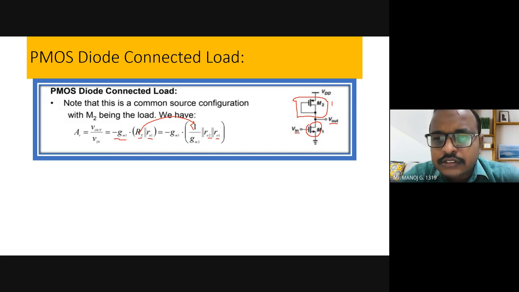This is Rx. This Rx value is given as 1 by Gm2 in parallel with R02. Is the shift in gain clear for everybody? So that is the gain of a diode connected load.